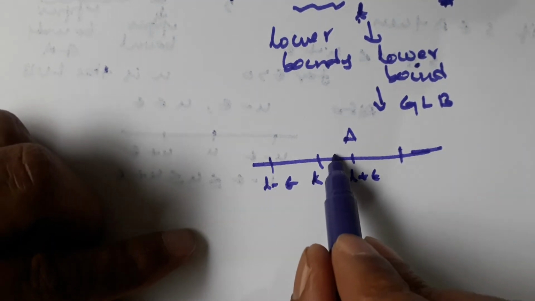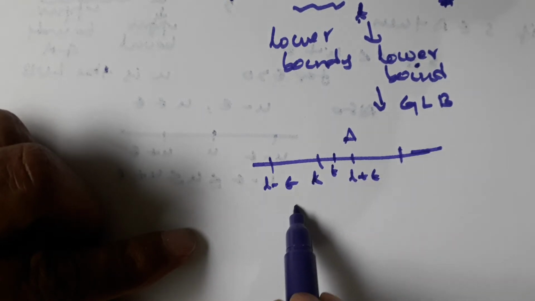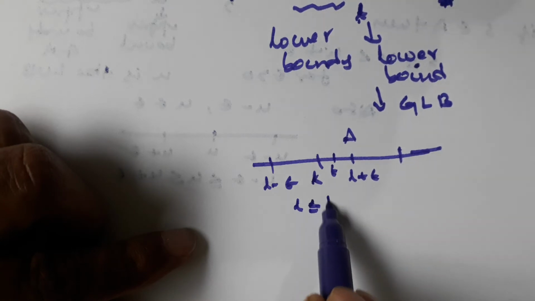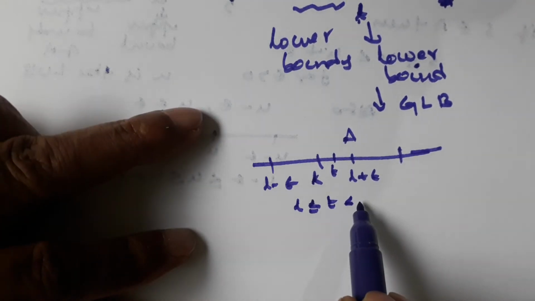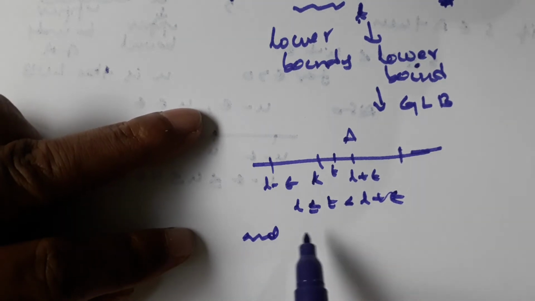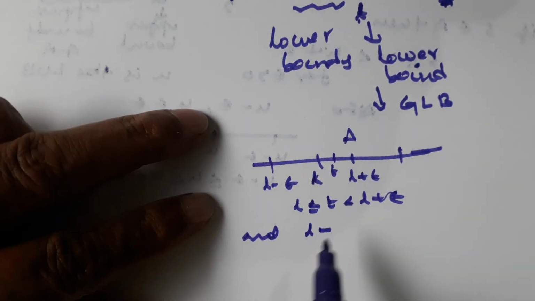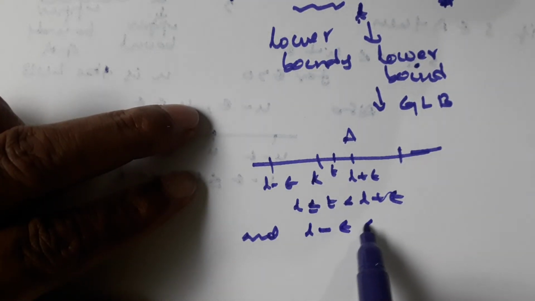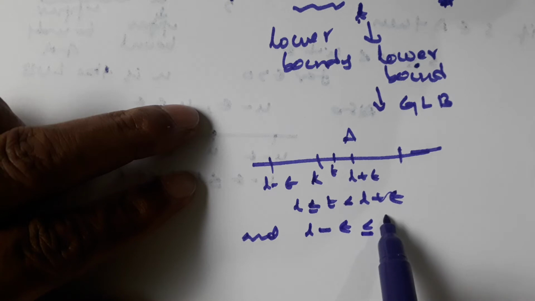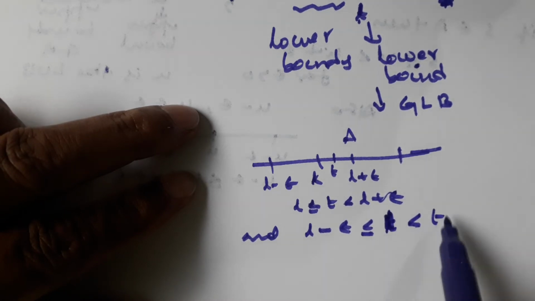So you take any element, suppose here is some t, automatically L must be less than or equal to t, is less than L plus epsilon, and always L minus epsilon is less than or equal to t, because L minus epsilon is less than L, which is less than t.